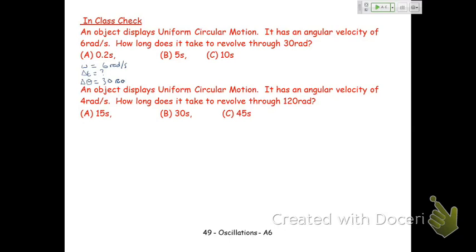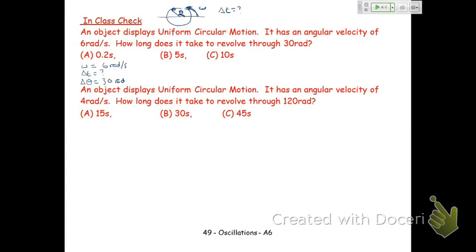So I have this situation where it's going round at a certain rate, omega, and I have a certain delta t. I want to know where on here I am, what that angle is. Also, I want to know how long it takes to get to that angle. So I know I'm going at a certain speed, I know I have a certain angle. How long does it take to get to that angle?